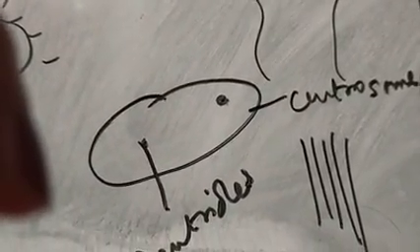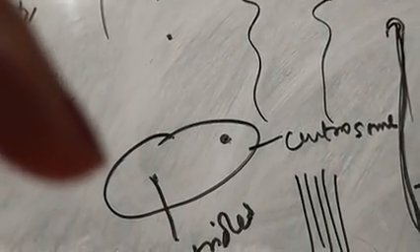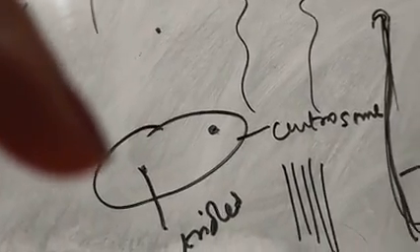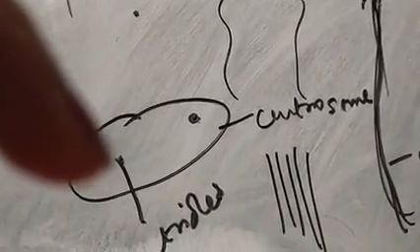Both centrioles in a centrosome lie perpendicular, 90 degrees to each other. They don't lie parallel, they lie 90 degrees to each other, in a cartwheel kind of arrangement.